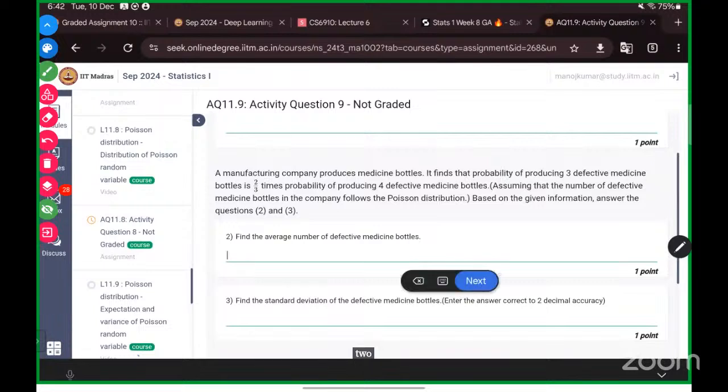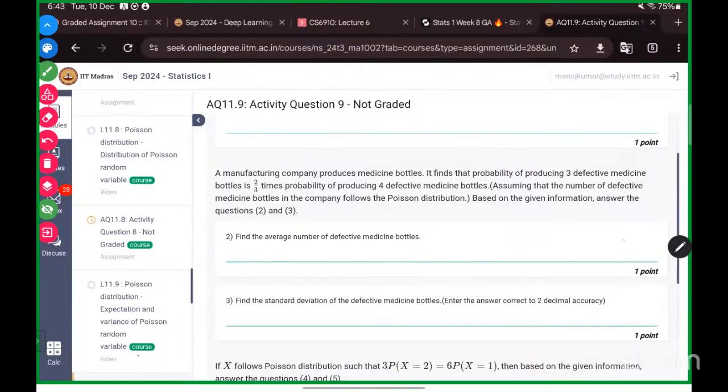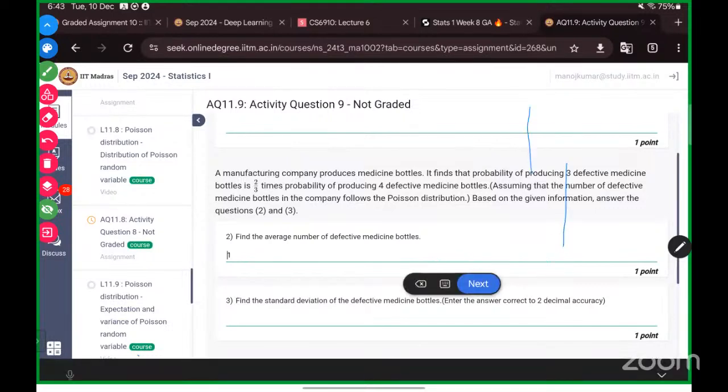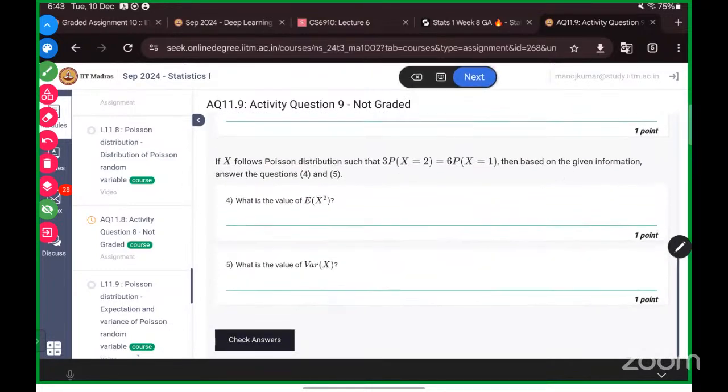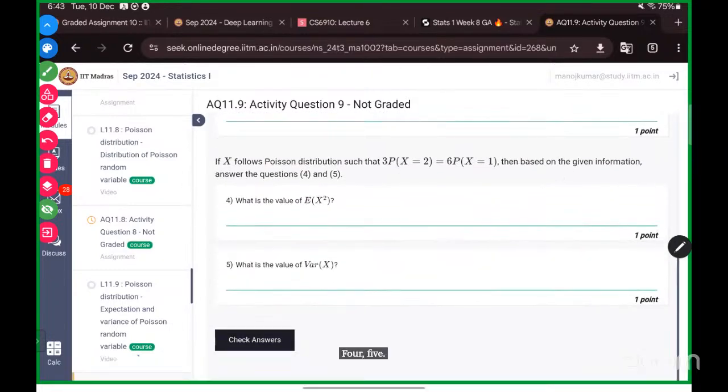Is that together? Yes, 2, 3. 4, 5. Anything in 4, 5?